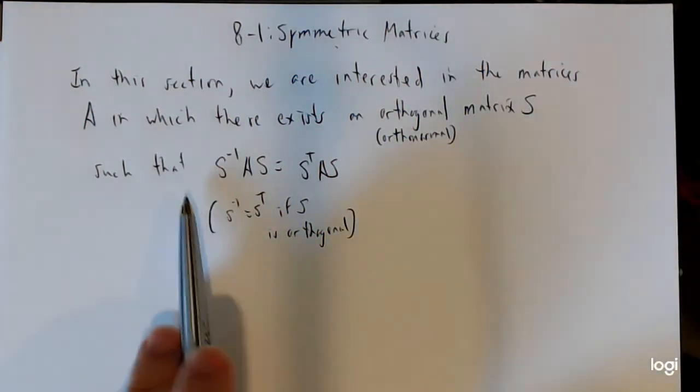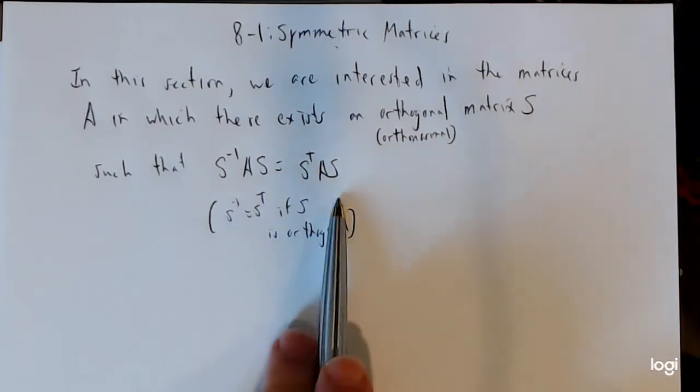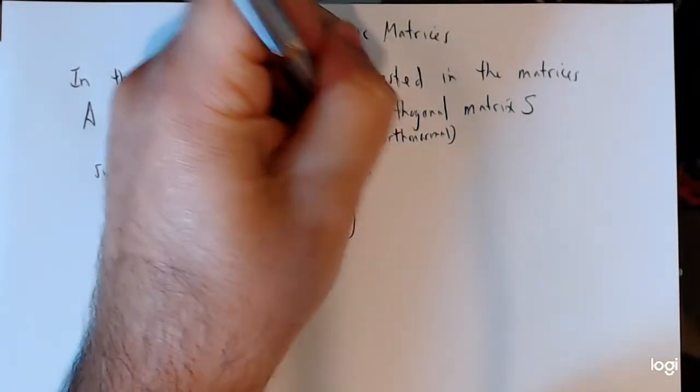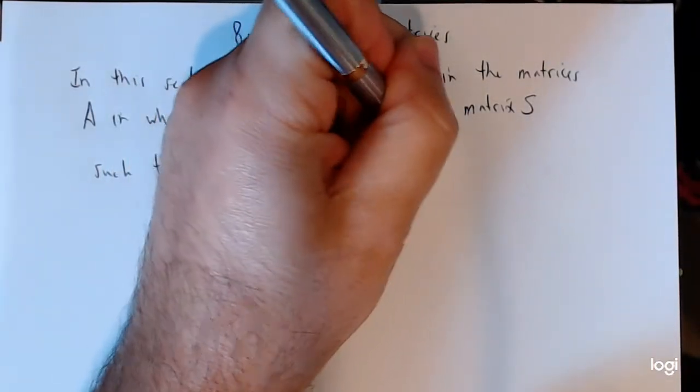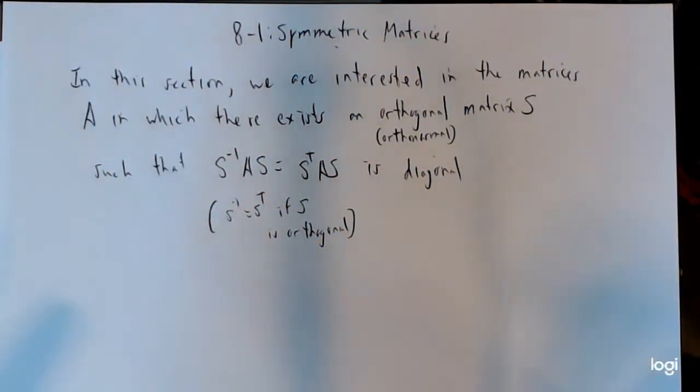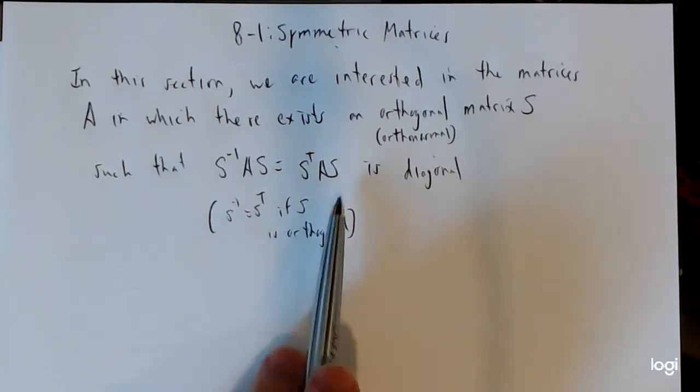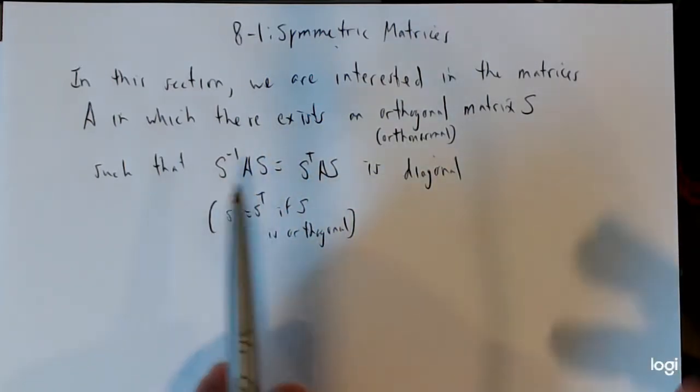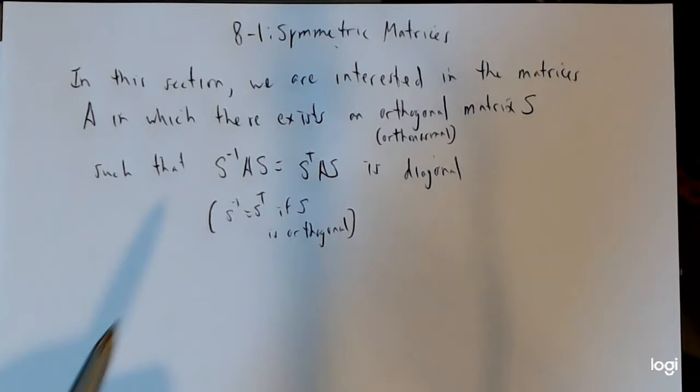And what we want to show is that this, more importantly, is diagonal. In other words, we're asking: what are my matrices that are orthogonally diagonalizable? What we mean is, if we grab this product here, it'll give us a diagonal matrix in return. And we know that when we have diagonal matrices, there's a lot of nice results we can get out of it.